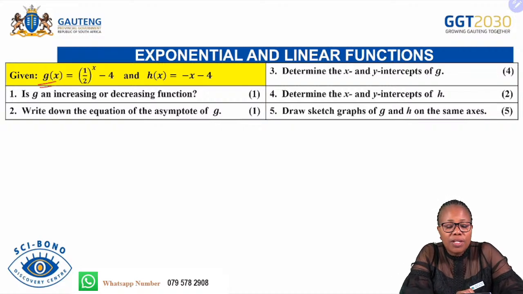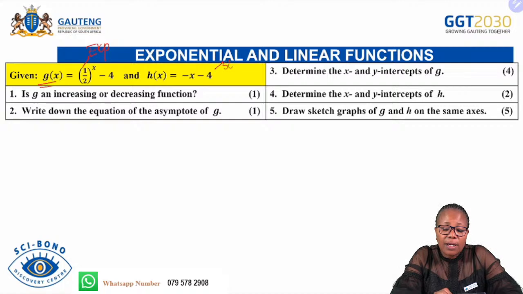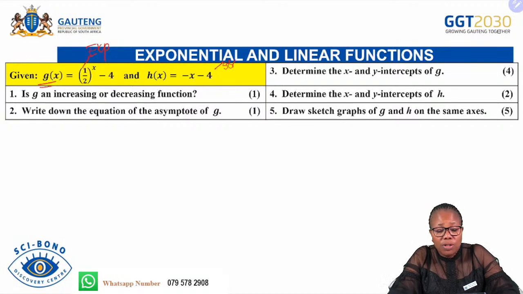If you look at g(x), since x is an exponent, this is an exponential function. We are also given h(x) = -x - 4. Therefore, this is a straight line graph or a linear function. Now we understand the given graphs, we can look at the questions.